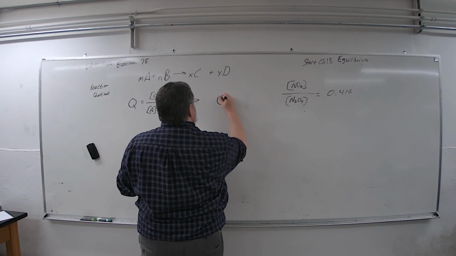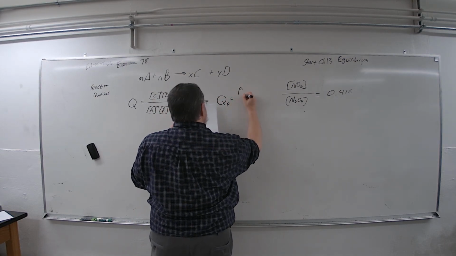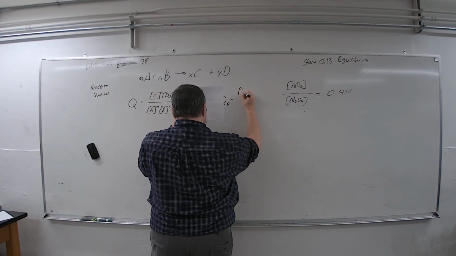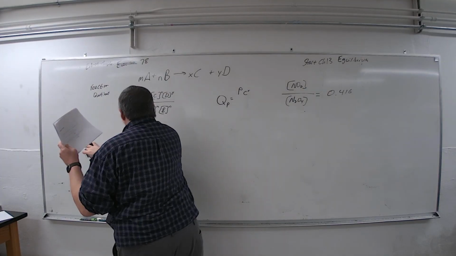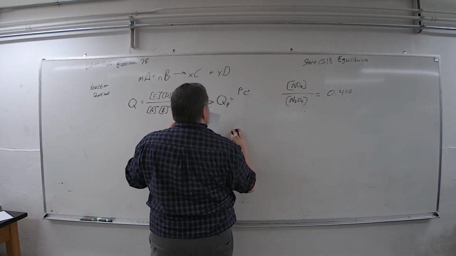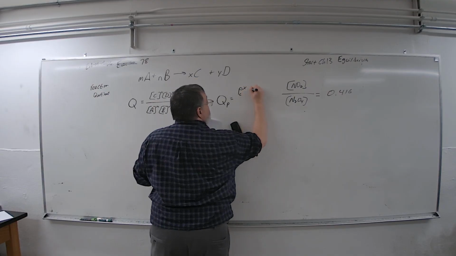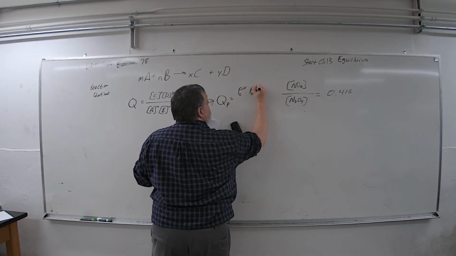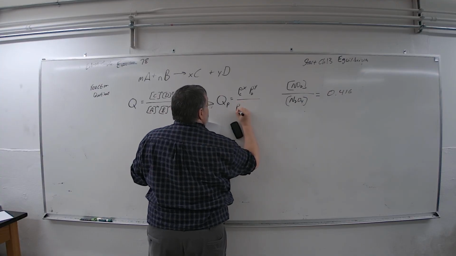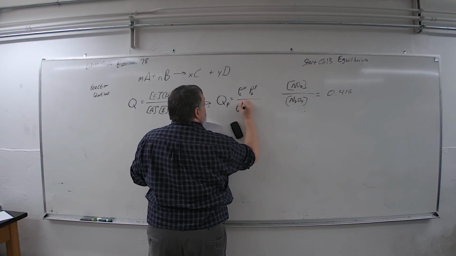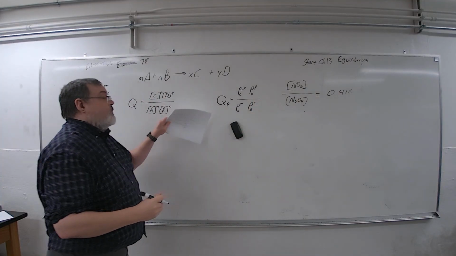That's for liquids. If you had gases, we would do it by partial pressure. Partial pressure of C to the X, partial pressure of D to the Y, partial pressure of A to the M, partial pressure of B to the N. So that's what it would be for a gas.